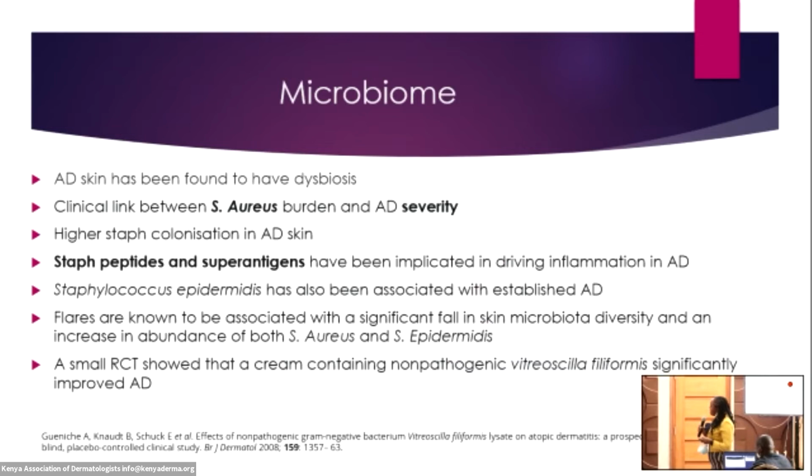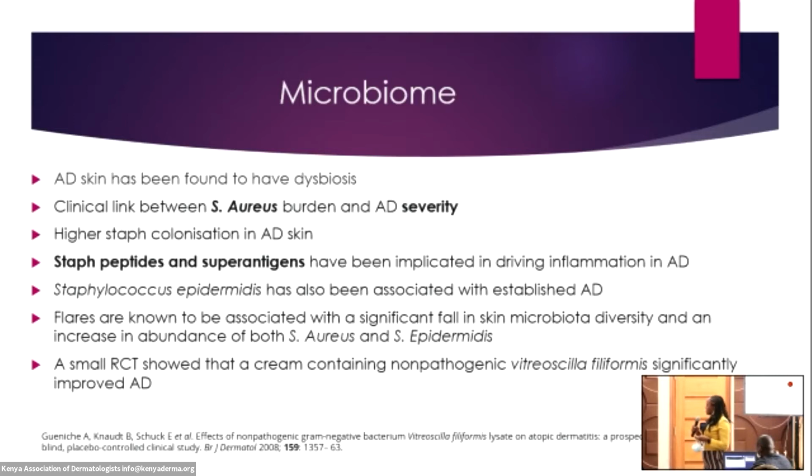Like Dr. Makeo mentioned, we have dysbiosis. There's been found to be a clinical link between Staphylococcus aureus burden and the severity of atopic dermatitis. So usually when you have a flare, you find that you have an increased Staphylococcus aureus burden as compared to the same skin when the patient is not in a flare state.